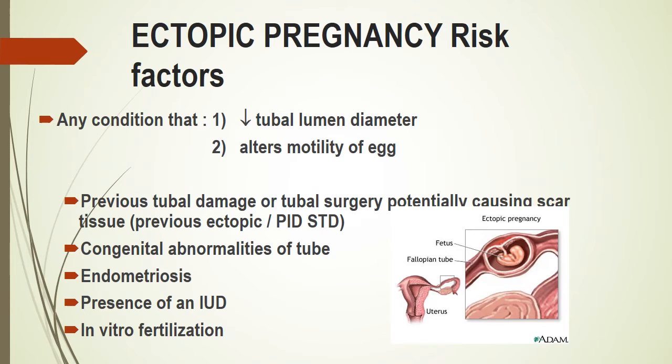If a woman has an IUD present, there is an increased risk of developing an ectopic pregnancy. And a woman who has undergone in vitro fertilization has a risk, primarily because there was some abnormality in her anatomy that was preventing her to get pregnant in the first place.